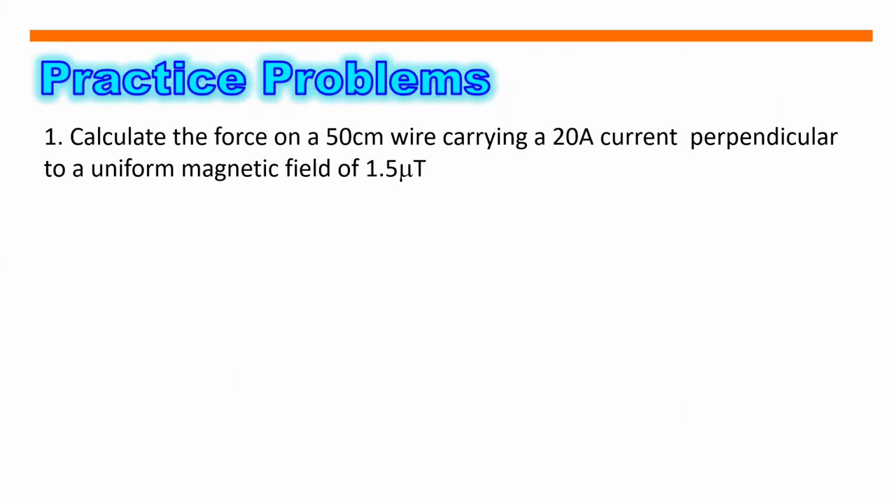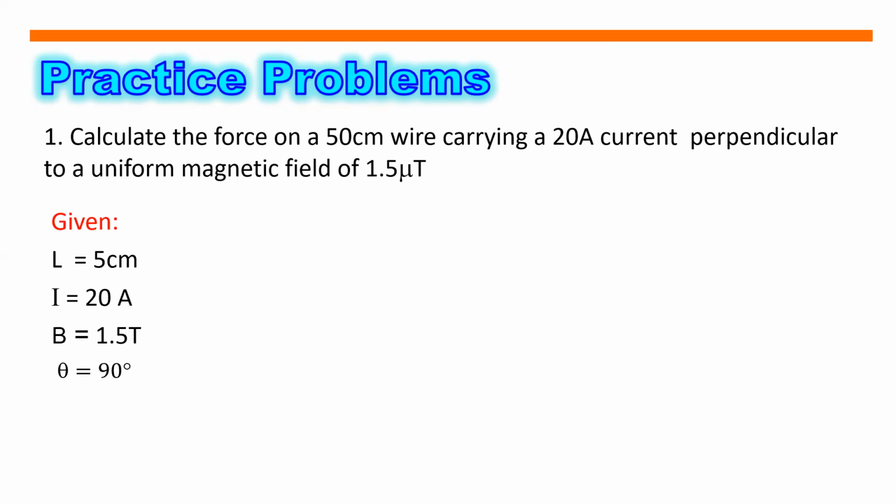So let's have another practice problem. Problem number 1: calculate the force on a 50 centimeter wire carrying a 20 ampere current perpendicular to a uniform magnetic field of 1.5 micro Tesla. Let us write the given first. The length is equal to 50 centimeters, and the current is 20 amperes.